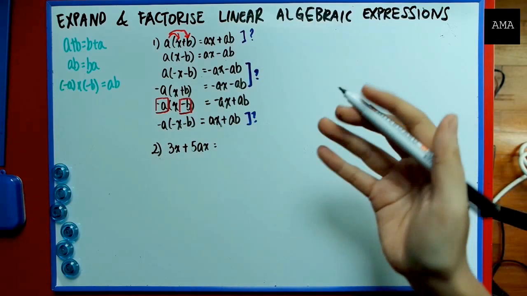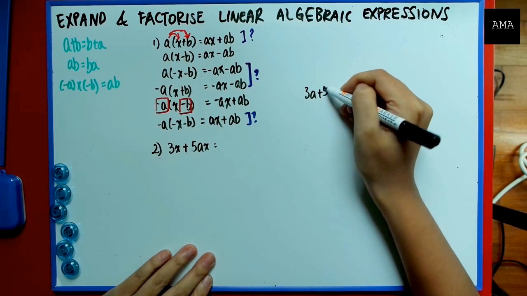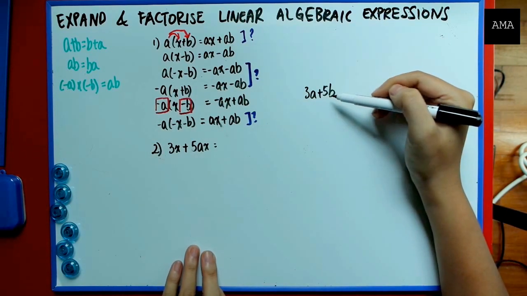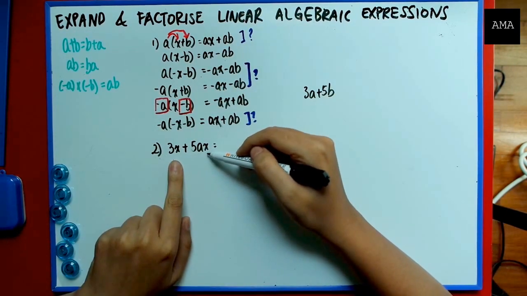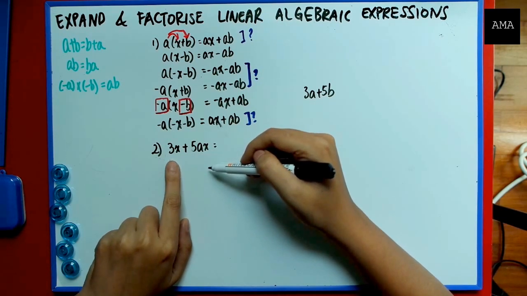So some expressions you cannot factorize, like, I'll give you an example, 3a plus 5b, let's say. I cannot factorize because they have no common factor, okay? So what do I mean by common factor? Basically, something that you see in common with two terms here.